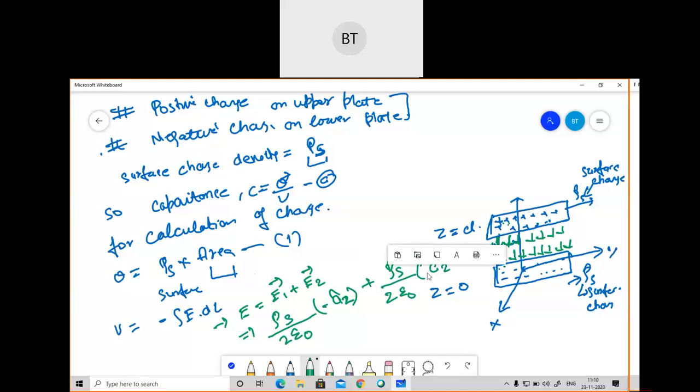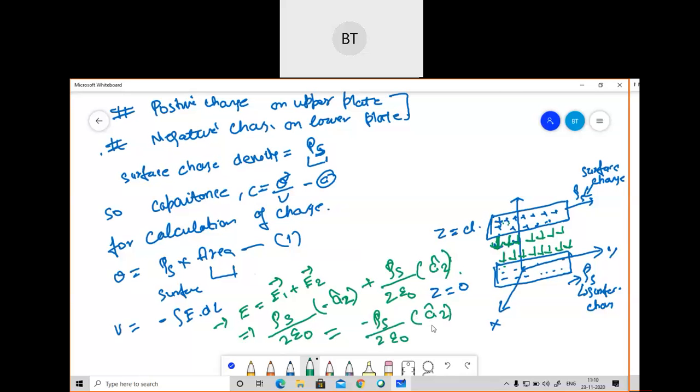If I take the summation, taking minus outside, I get minus rho s by 2 epsilon naught into a cap z. This will be our total electric field.